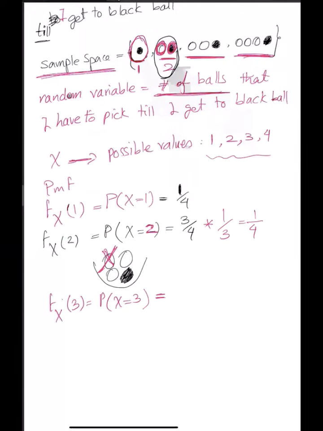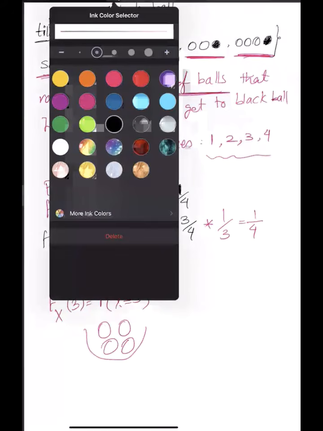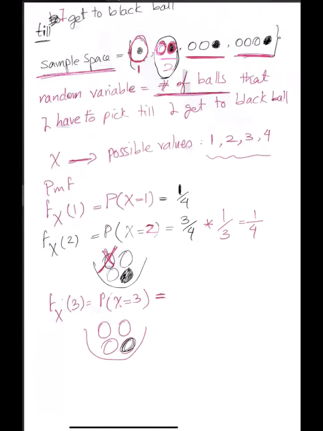So again, this is your ball: 3 white, 1 black. And I want to calculate the probability that x is equal to 3. X is 3 is this one: the first one is white, the second one is white, the last one is black.